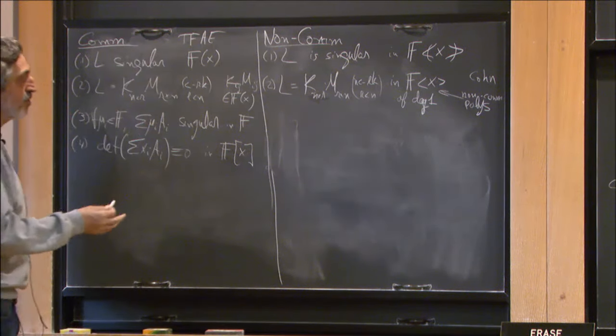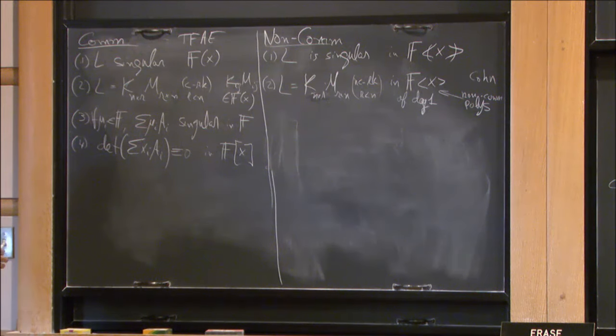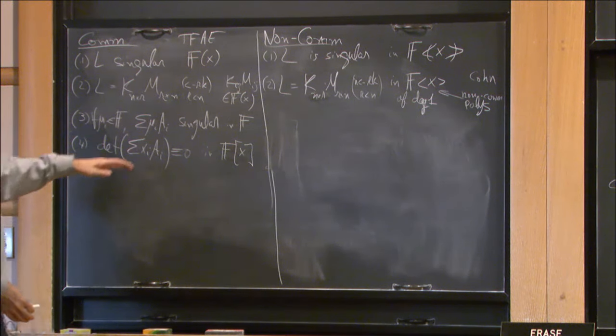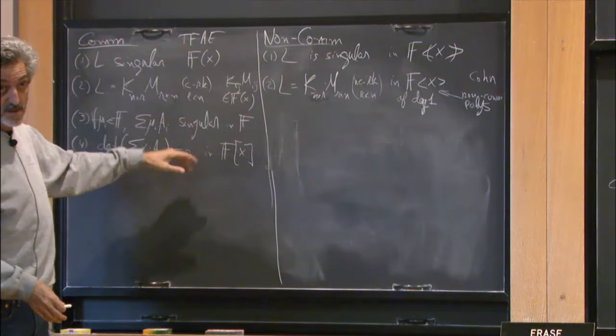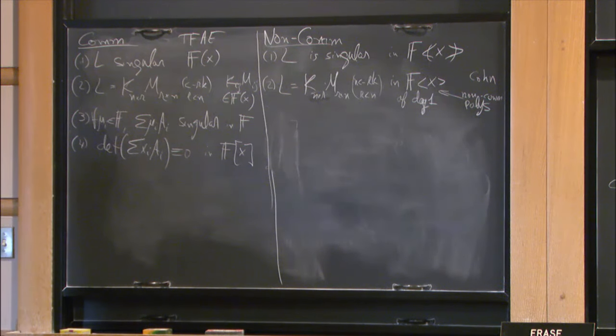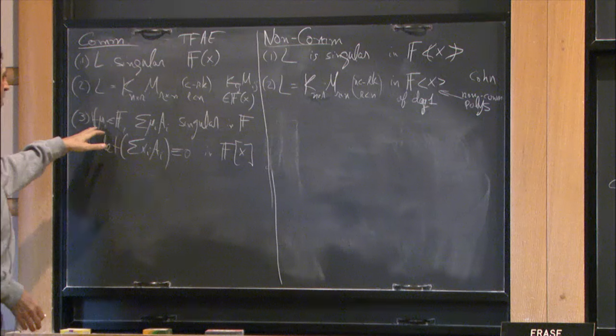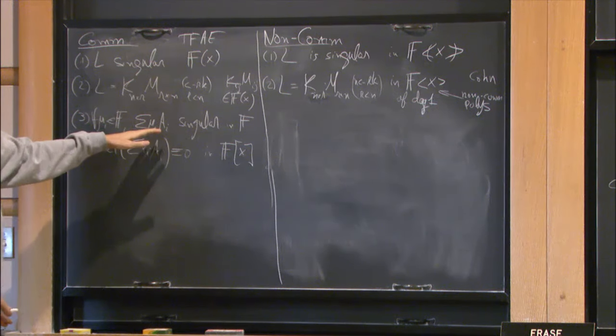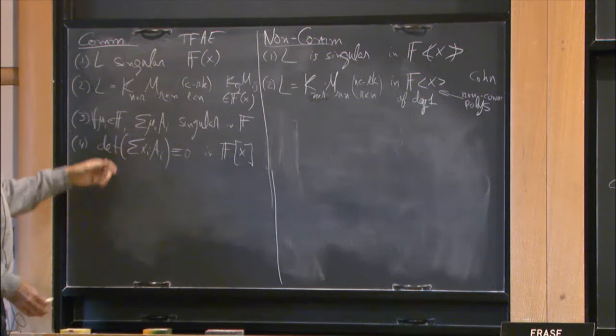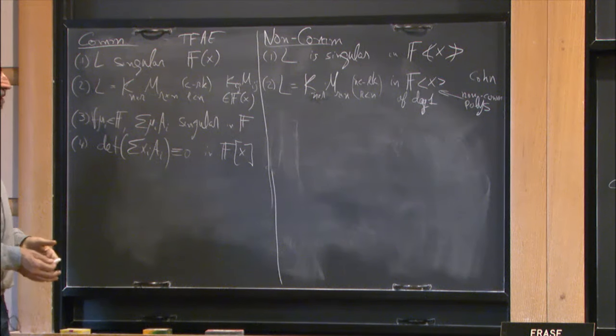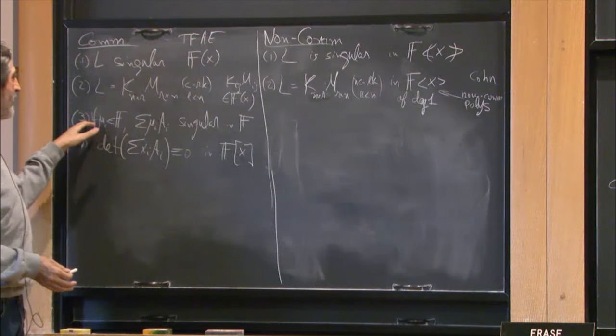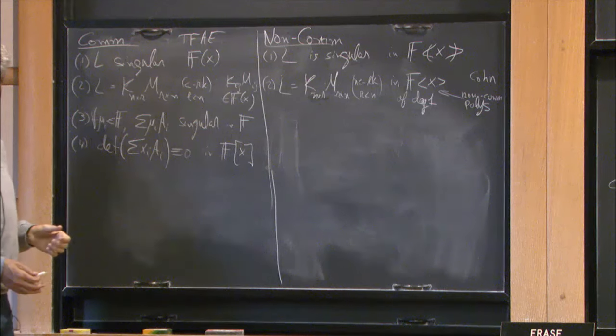Okay, so in order to get into the invariant theory first and then into quantum information theory, let me tell you about analogs of these characterizations. This means that a symbolic matrix is singular if, when you substitute constants for the variables and evaluate it, you get a singular matrix.